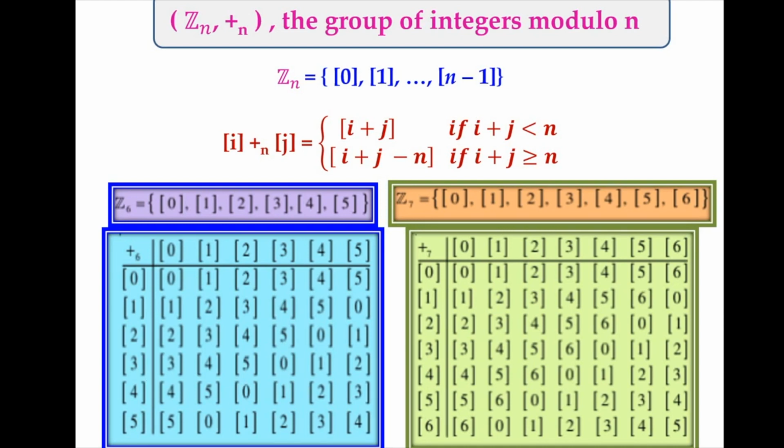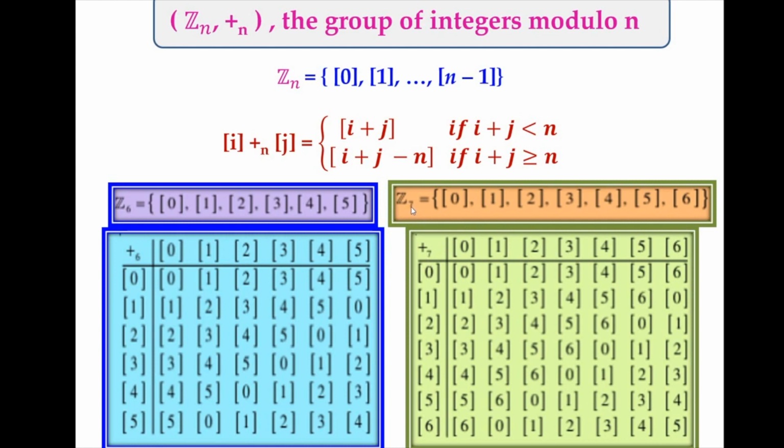Now in the case of a finite group, we can have the Cayley table, from which whether it forms a group or not we can easily identify by seeing that any row or column will not have any of the elements repeated. There will not be any repetition in any row or column.